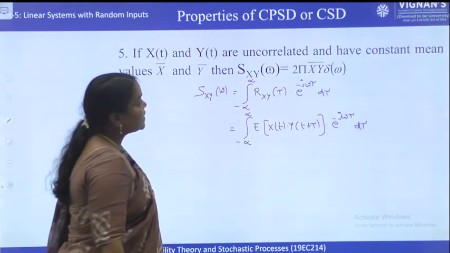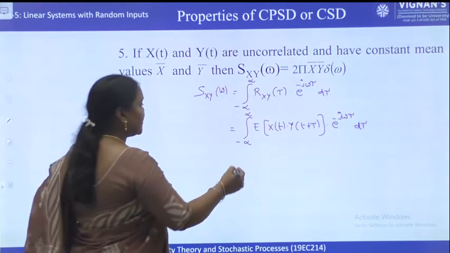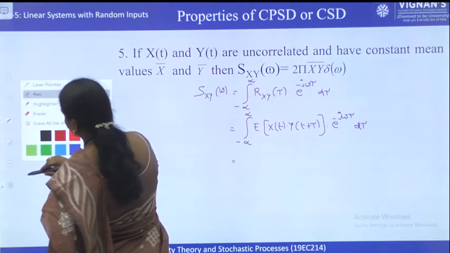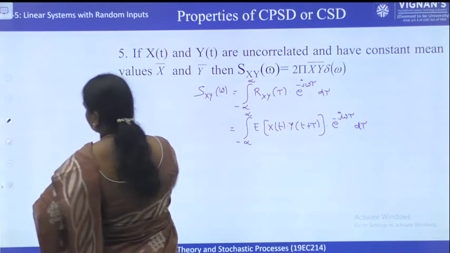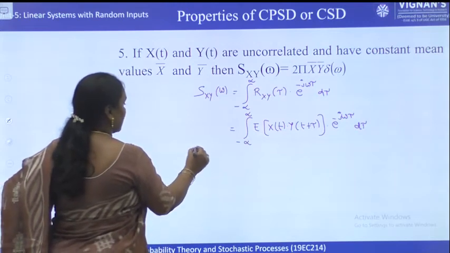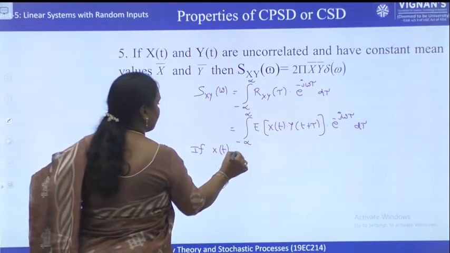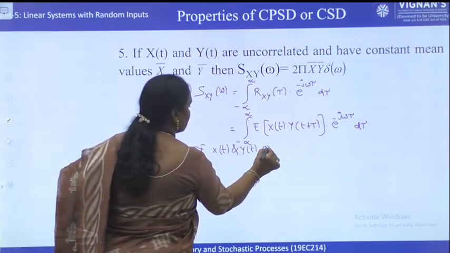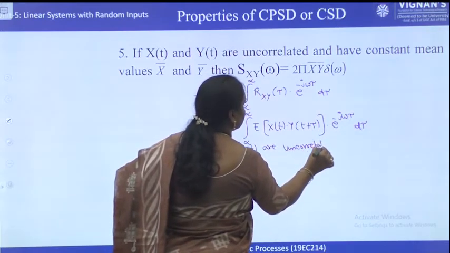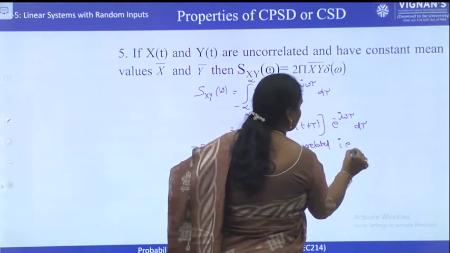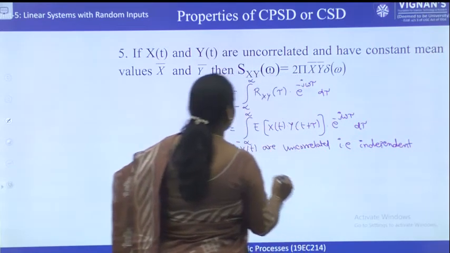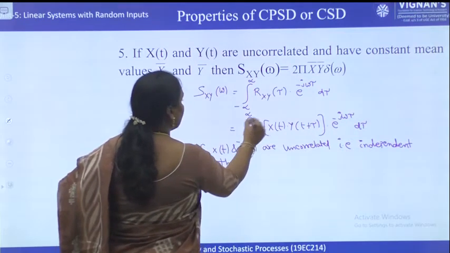If x of t and y of t are uncorrelated, that is independent, then we can separate this.